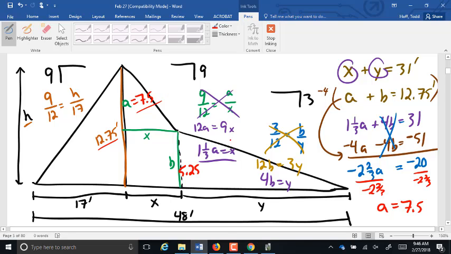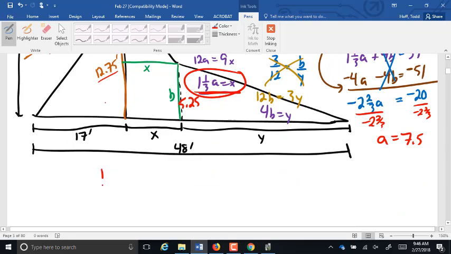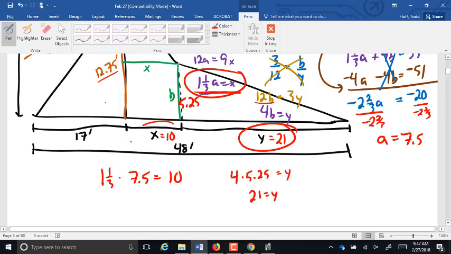Now I can go back and find X. X is 1 1/3 A, so 7.5 times 1 1/3, which is 10. X is 10. Y is 4B, so 4 times 5.25 equals Y. What's 4 times 5.25? 21. And that does add up to 31.